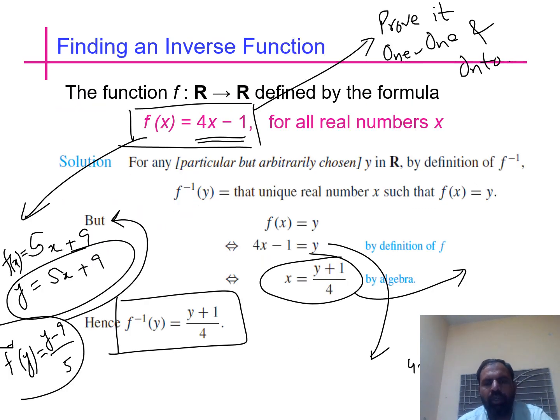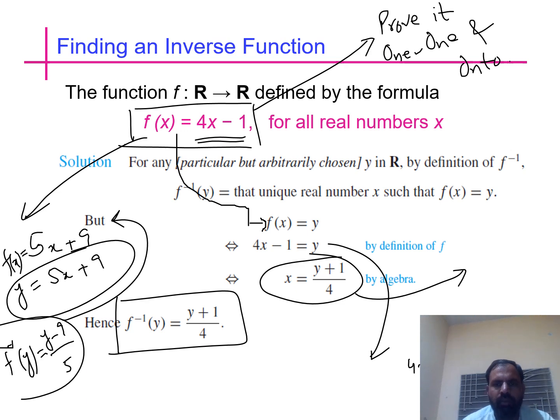Finding an inverse. How can we find an inverse? I have already discussed this in the previous slide also. If f of x is equal to 4x minus 1, from this you can use the equation f of x is equal to y. Put the value of f of x, 4x minus 1 equal to y.